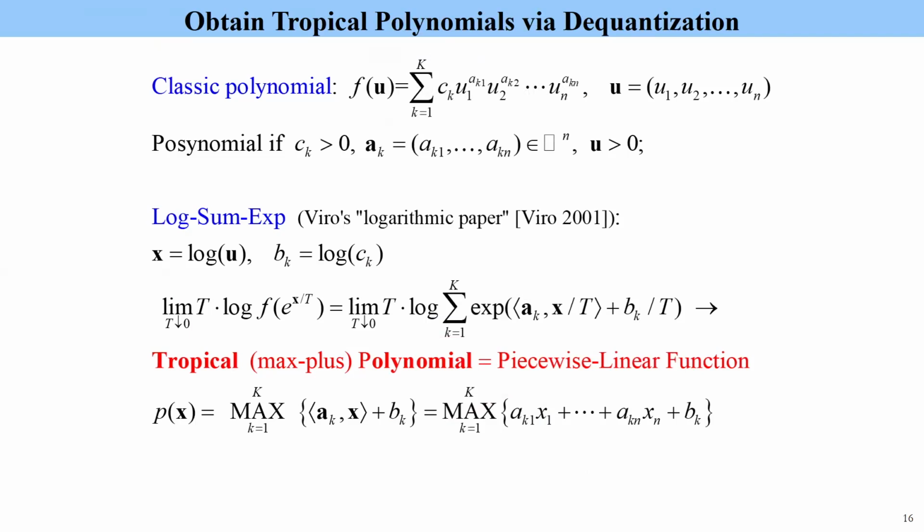And the final result is to obtain the tropical polynomial, which is essentially a piecewise linear function. The vector a_k is the slope vector in multiple dimensions, and b_k is the bias. Or some people may call it a max-affine function. So these are the tropical polynomials in general.